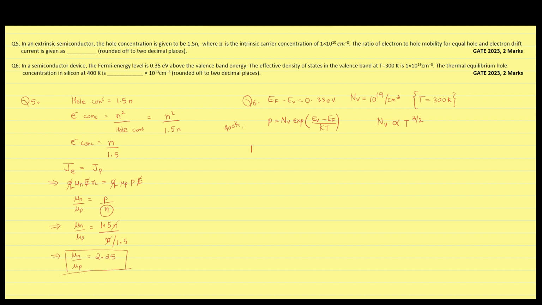So the hole concentration can be written as... now, putting the value of effective density of states at 300 Kelvin, we will get... now you have to simply solve this expression, and after solving you will find the hole concentration to be equal to approximately 63.43 into 10 raised to the power 13 per centimeter cube.